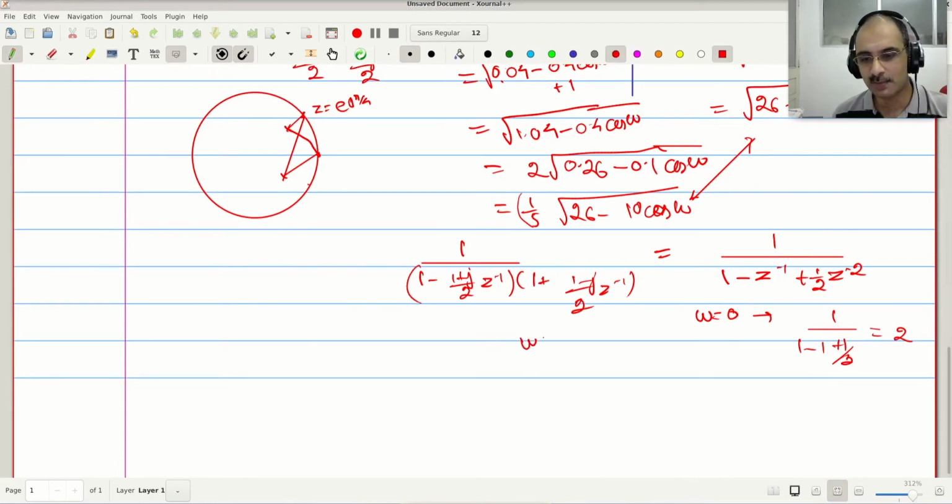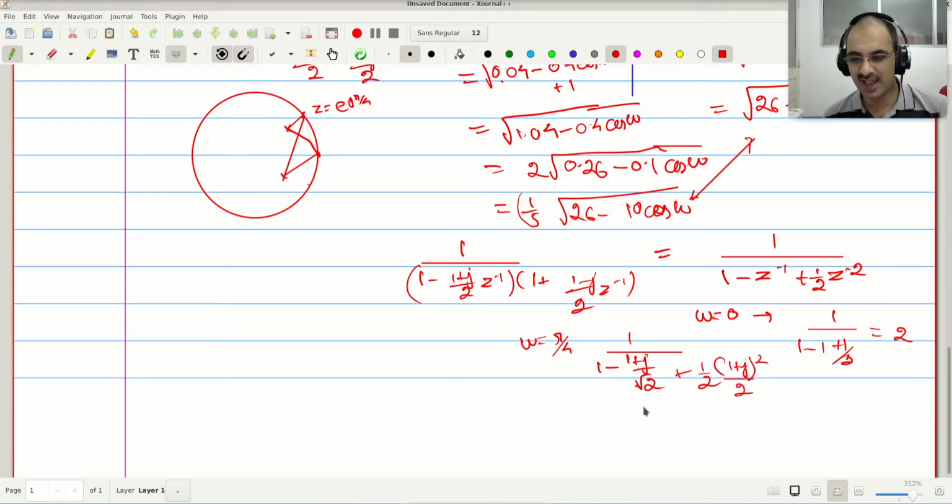So at omega equal to pi by 4, we get 1 upon, now we have to do this carefully, 1 minus z inverse, so 1 minus j, I'll write (1 plus j) upon root 2, plus half (1 plus j) the whole square by 2.